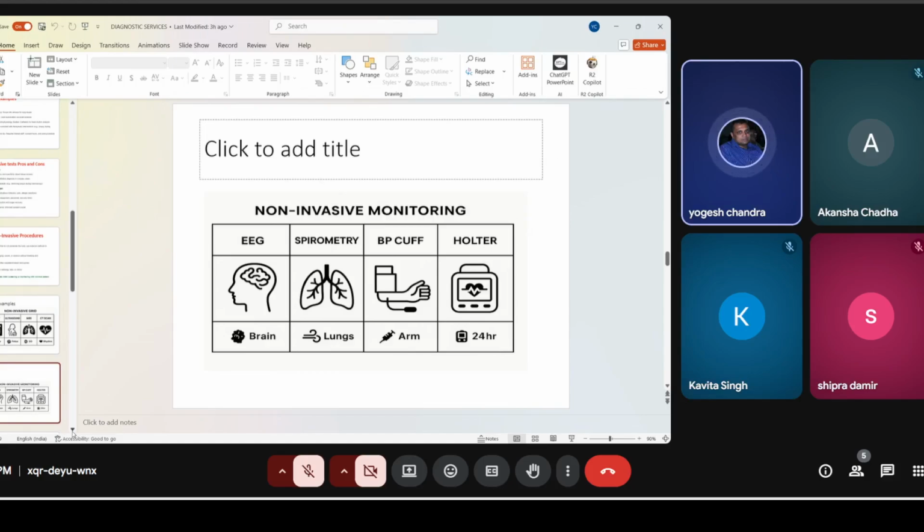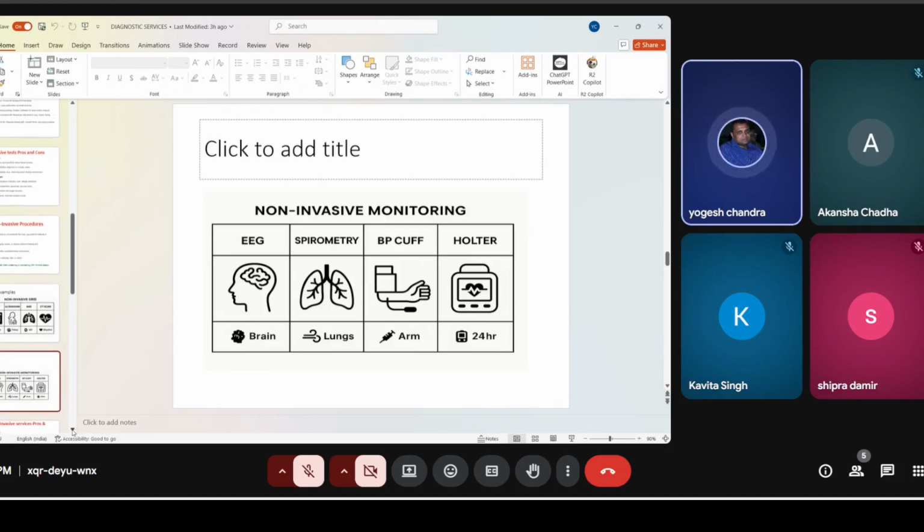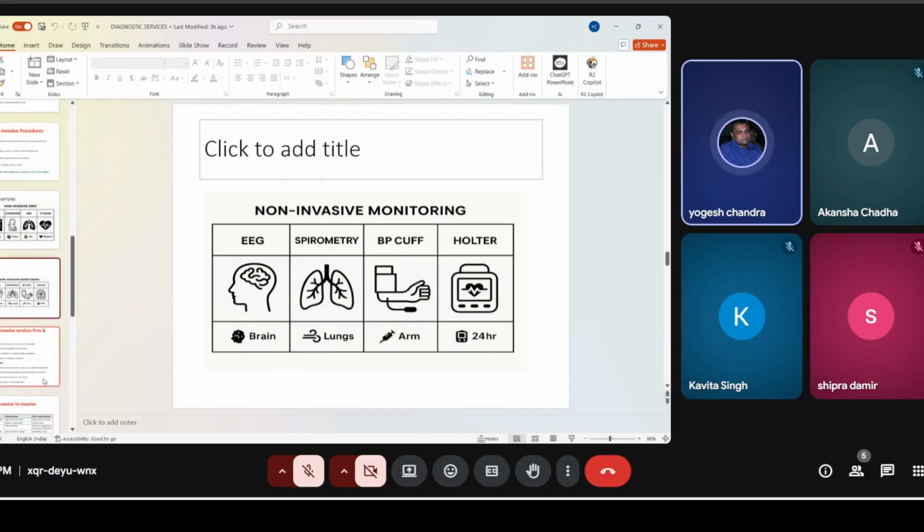That kind of monitoring is sometimes required when the ECG doesn't give any conclusive information, or just to understand the factors which trigger a high pulse rate and high BP and all that. So the Holter helps in that. So these are certain examples of non-invasive tests.